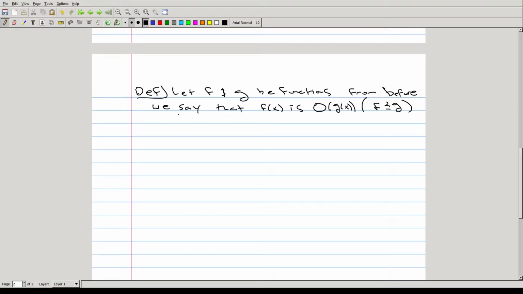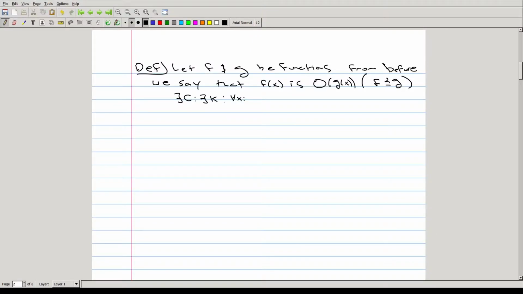if there exist constants c and constants k such that for all x, if x is greater than k, then the absolute value of f of x is less than or equal to the constant c times the absolute value of g of x.